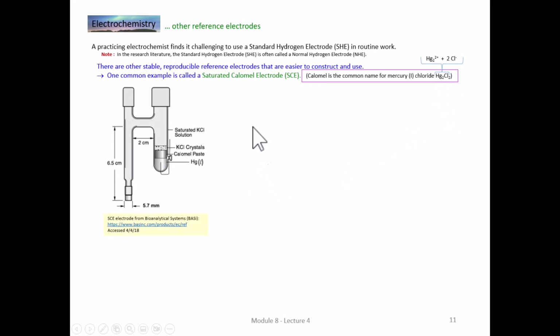Well, in any event, what does this saturated calomel electrode look like? This is a sketch of one that we've used, and it's made by a company called Bioanalytical Systems. Remember, the redox reaction in any reference electrode should be able to be run in either reductive or oxidative mode.